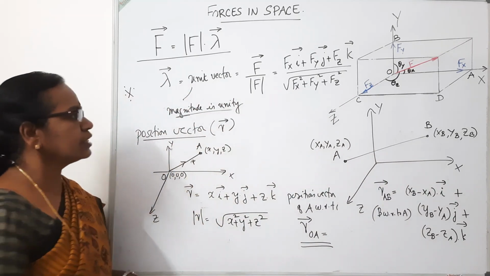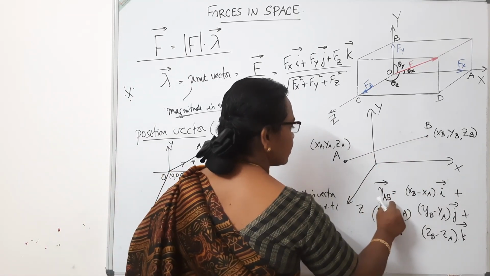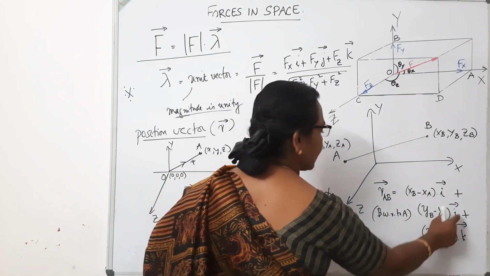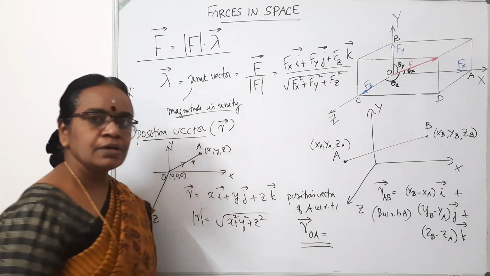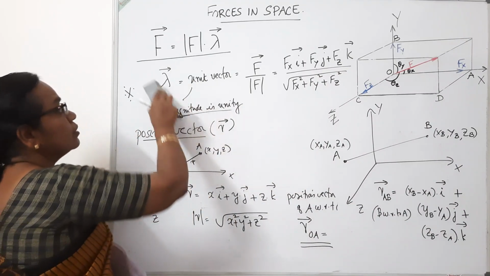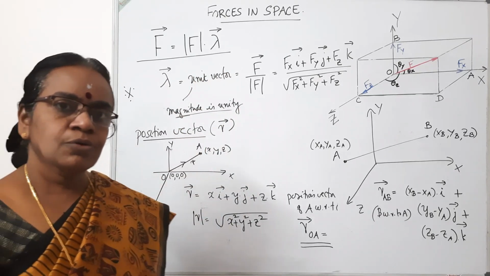So the second term has to be written first as B minus A. Okay, so with the unit vector and this position vector, I hope you have got an idea.